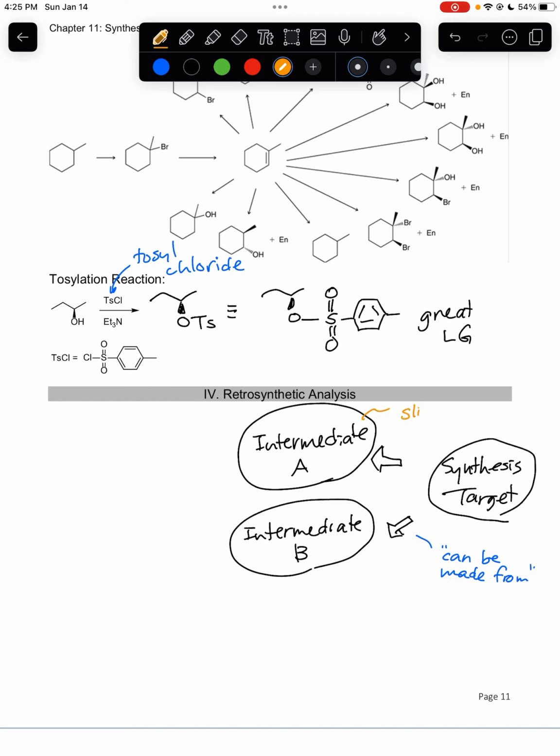Okay, so this just needs to be at least slightly simpler than the target. Now, by undoing this molecule, you have to start here, and then you have to start undoing.